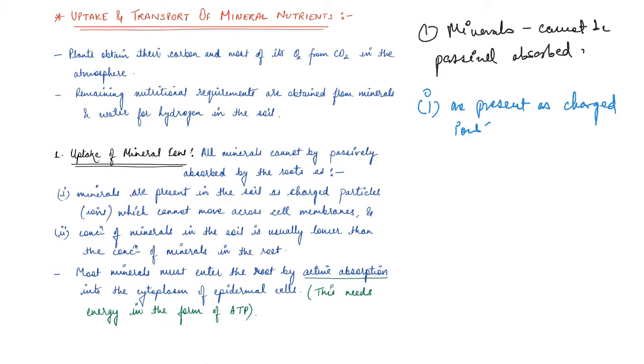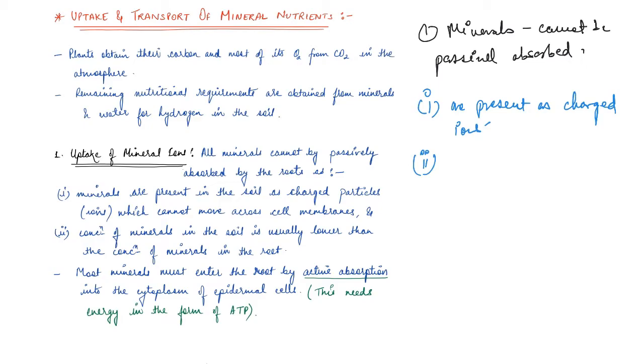If you compare the concentration of minerals in soil with that in the root, the concentration in soil is lower. We have always studied that passive movement always happens from higher concentration to lower concentration, not the opposite. However, the concentration of minerals is lower in soil than in the root, and that is the reason passive absorption of minerals in the root is not possible.